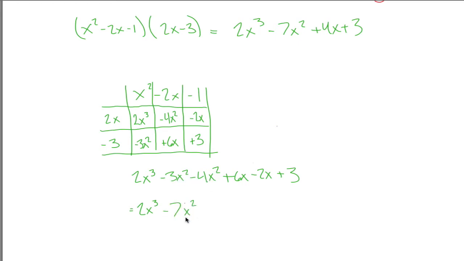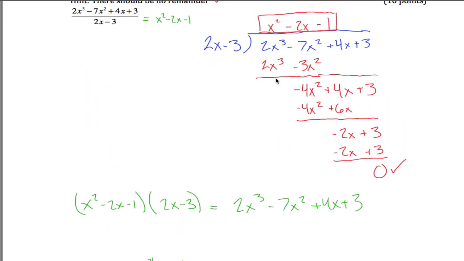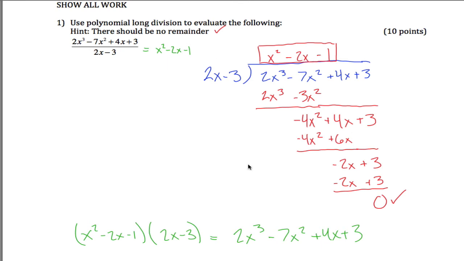So I have negative 7 of these x squareds. And as far as my x's go, I got 6 of them minus 2 of them, so I got 4 of them. And then I got this plus 3. And if you check up here, it looks like 2x cubed minus 7x squared plus 4x plus 3 was exactly what I was supposed to get. So it looks like I did do my division right to begin with, and I was able to check my answer.